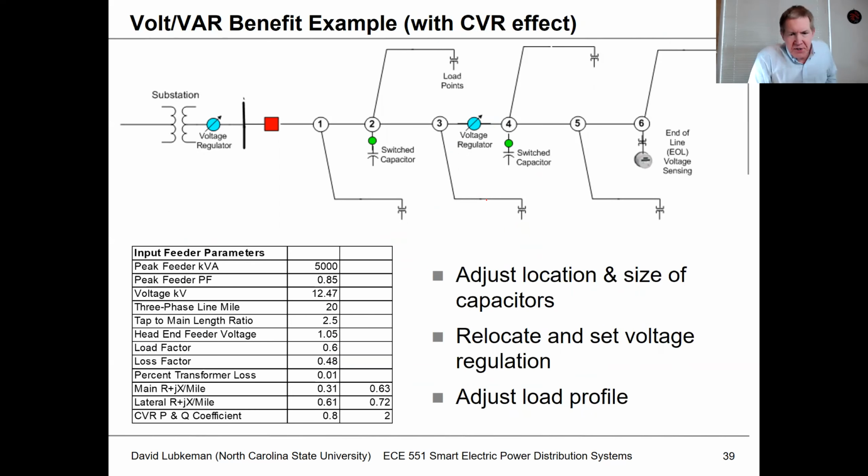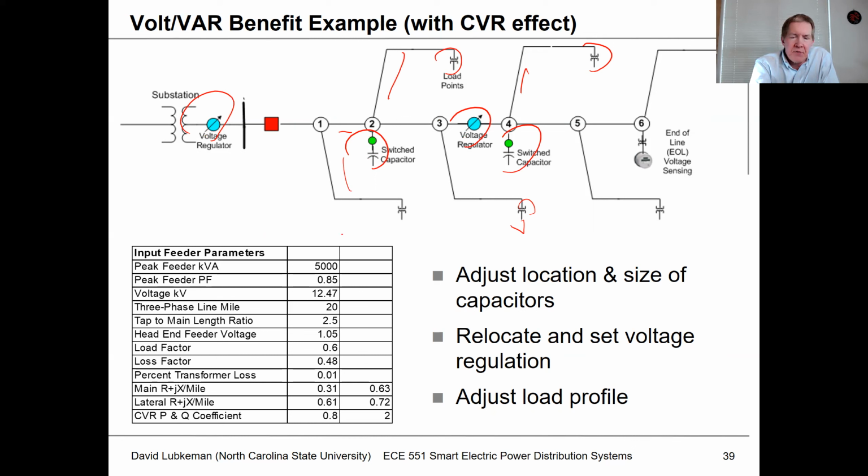So just to see how these benefits could break down, this is a little model I built a long time ago for a consulting project. And what I'm modeling is not only the main feeder, but I'm modeling laterals, I'm modeling transformers, and I'm also modeling customer loads. And so what I'm looking at is being able to control the voltage by adjusting these two voltage points, as well as putting switched capacitors out on the circuit.